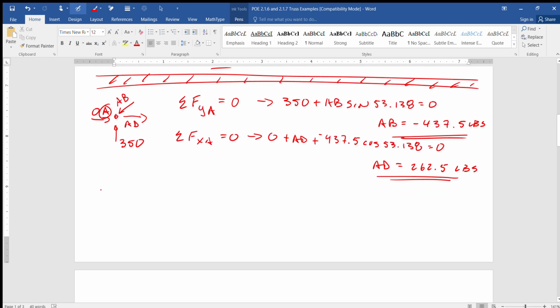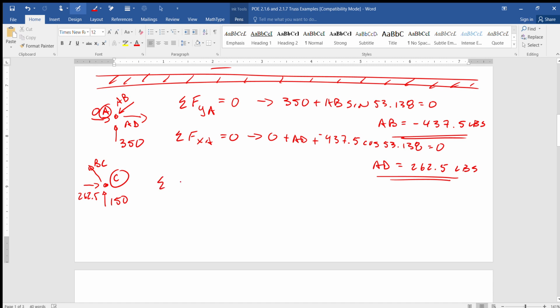So we come back here and we look at point C, and we have a beam going away, and this coming up at 150, and this coming over at 262.5. And this is point C, and then this would be BC.